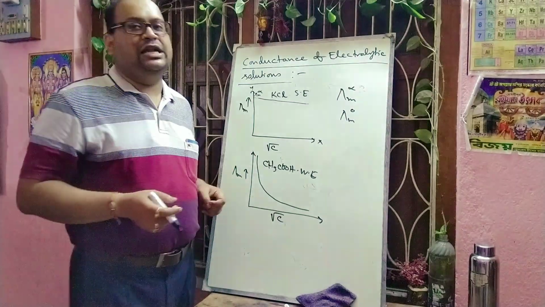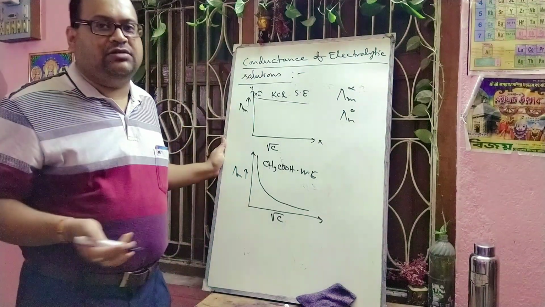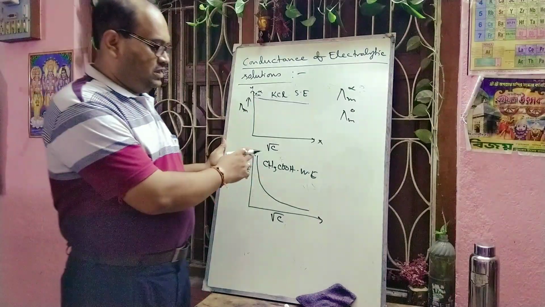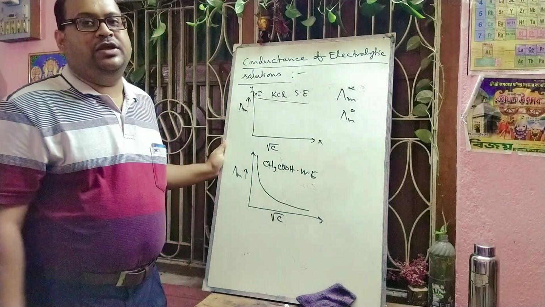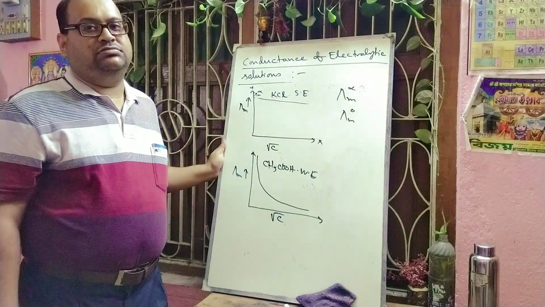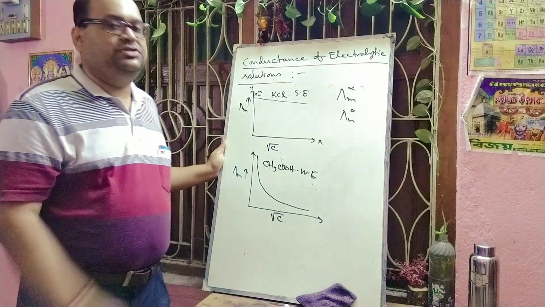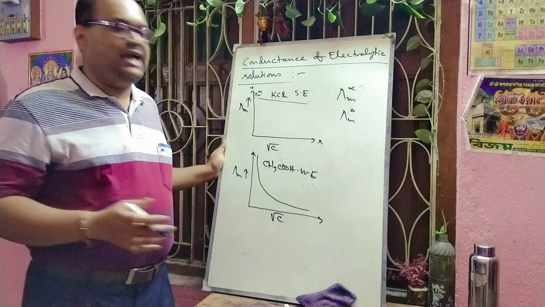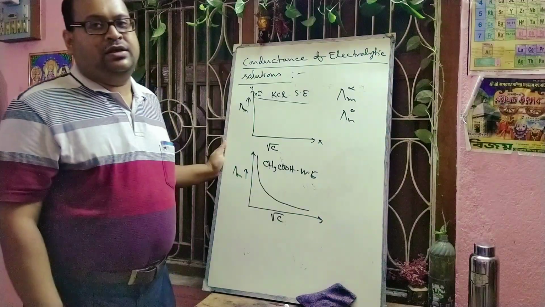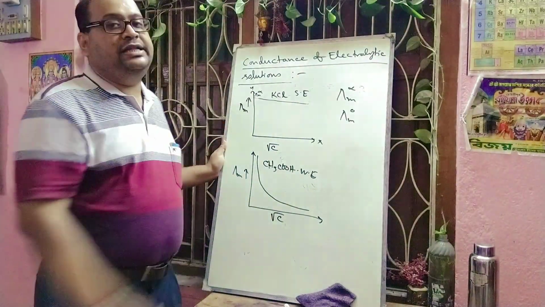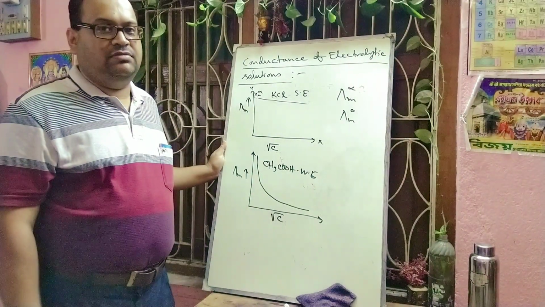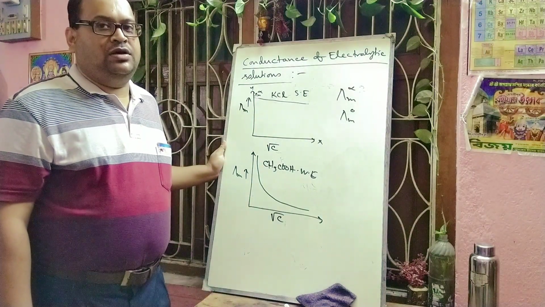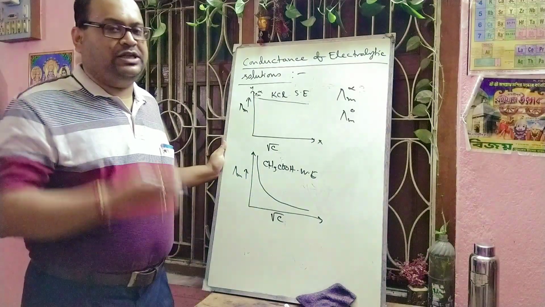But in case of weak electrolyte, molar conductivity increases to a larger extent with the increase in dilution, because here dissociation will increase, and the increase is so large that we cannot find the molar conductance at infinite dilution, Λm∞, by extrapolation of this curve.